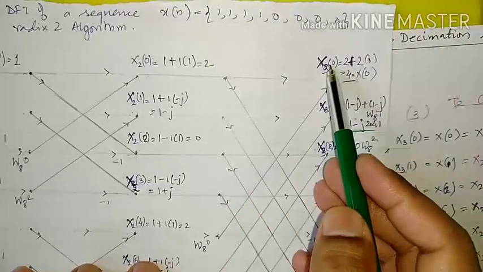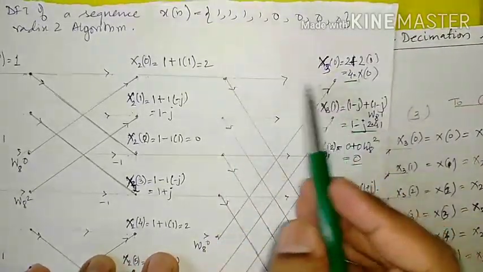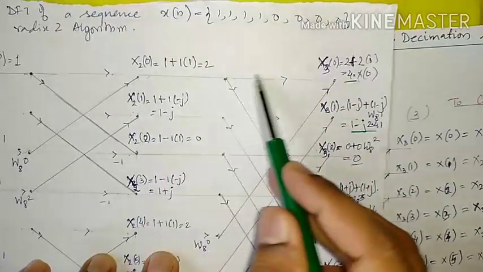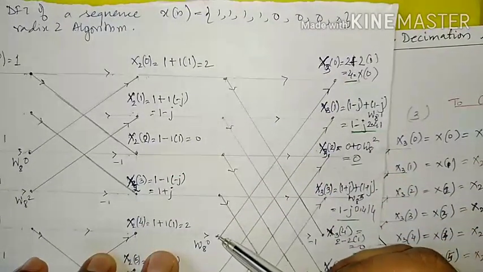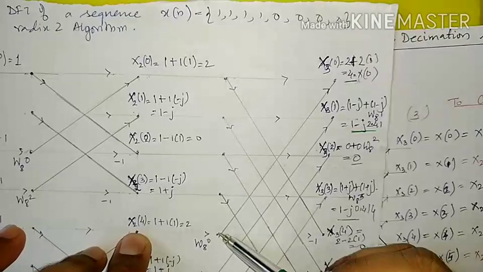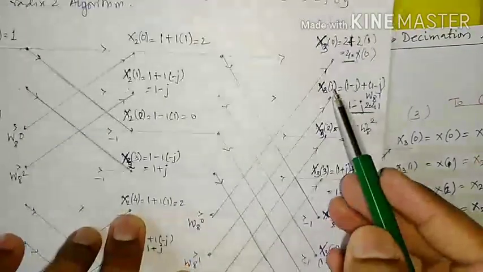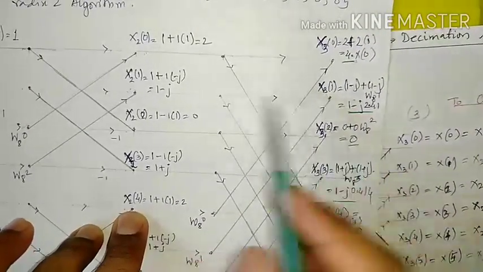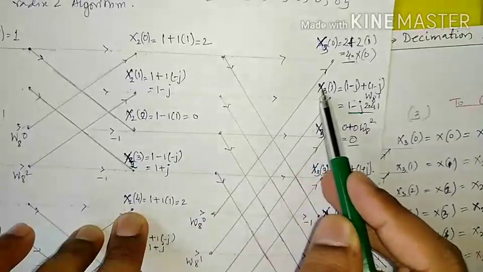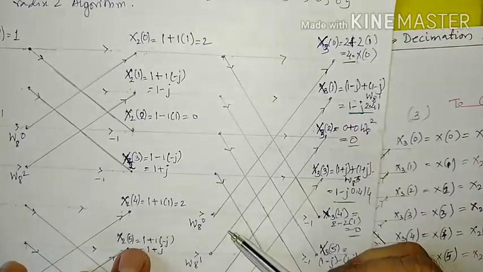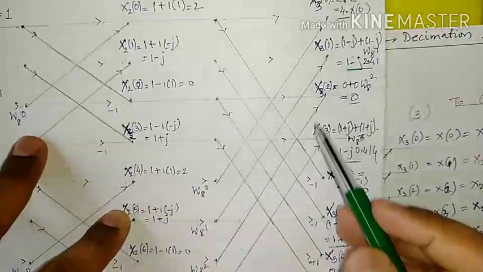Here, in order to get x3 of 0, it is x2 of 0 plus x2 of 4. In order to get x3 of 1, it is x2 of 1 plus x2 of 5.